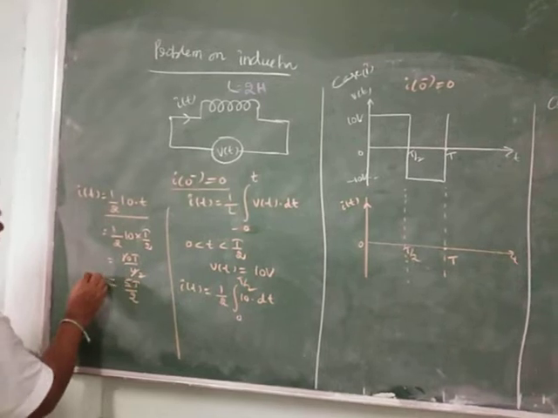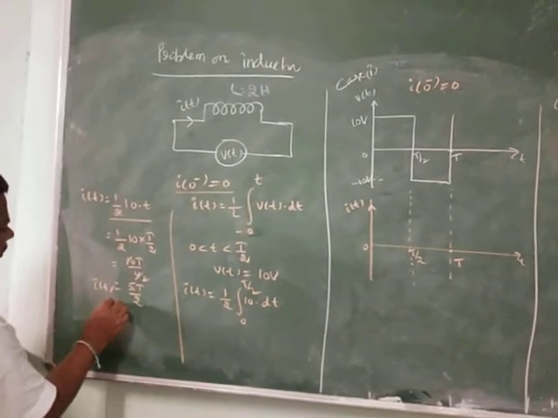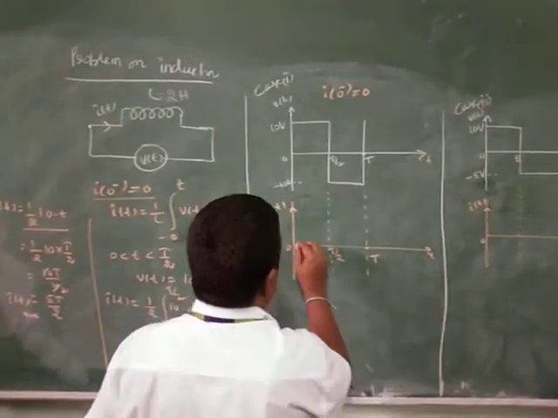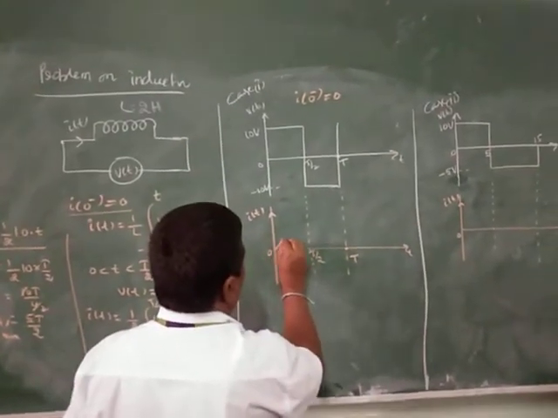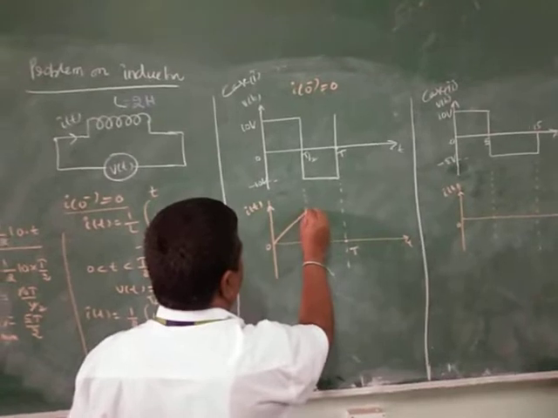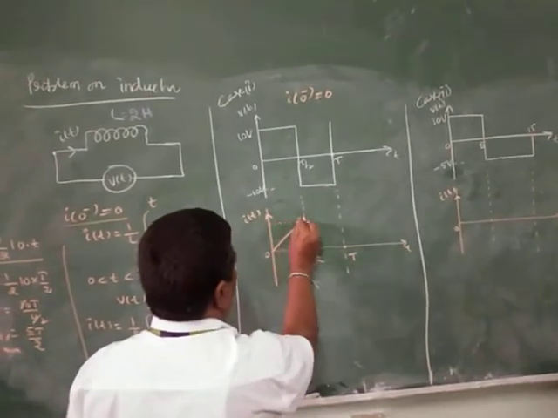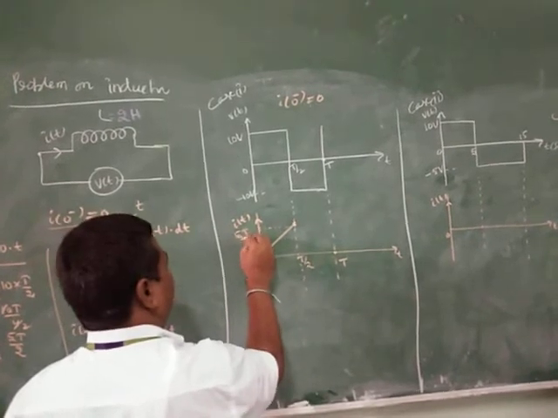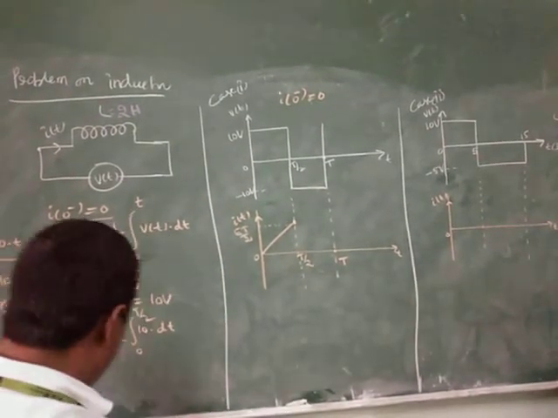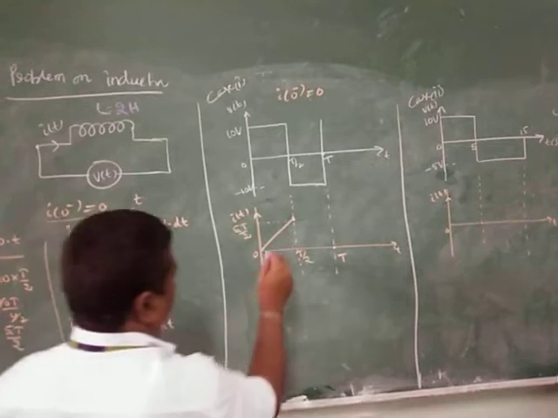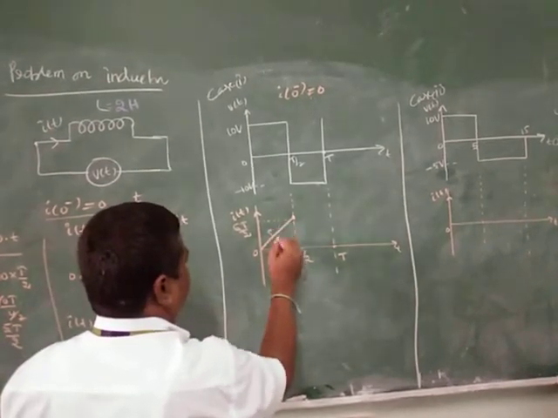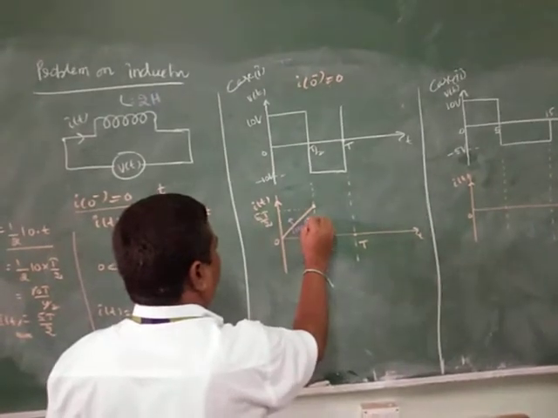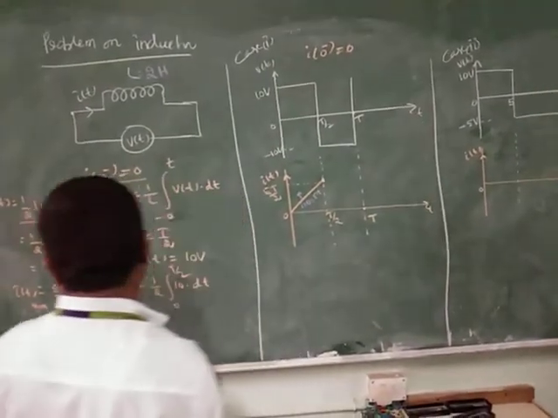The maximum value is at t equal to T by 2, where I of t slowly, linearly increases, and the maximum value is equal to 5 into capital T by 2. The expression is I of t is equal to 5 t.